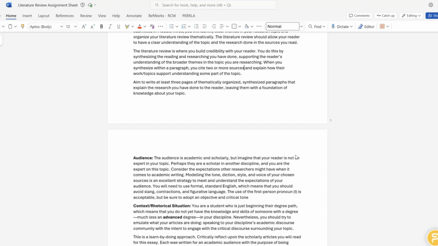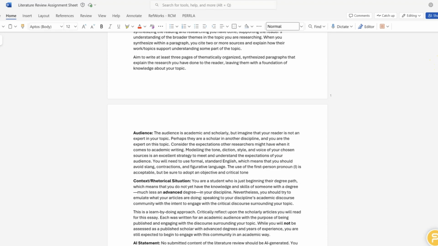You would then have subheading 1, subheading 2, subheading 3, that are the different themes you are exploring and synthesizing in your paragraphs where you explain that research. Again, the ultimate goal is that by the time your reader finishes your literature review, they should have a good understanding of what this topic is, why it's an issue, what researchers are doing or saying, and how it all relates together, especially as it relates to your own project.